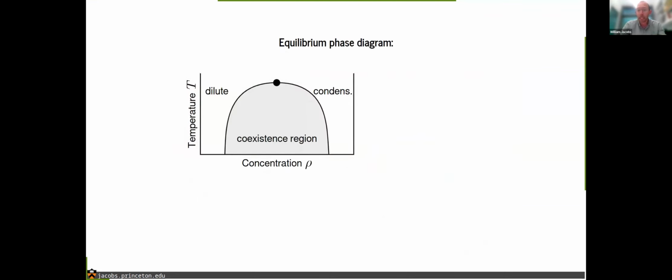Right, so if we want to think about how to describe a droplet like this, the natural place to start is with equilibrium thermodynamics, and we should be thinking about, in the simplest case, a phase diagram for one component. I'll use rho throughout this talk to represent a concentration of a biomolecule.